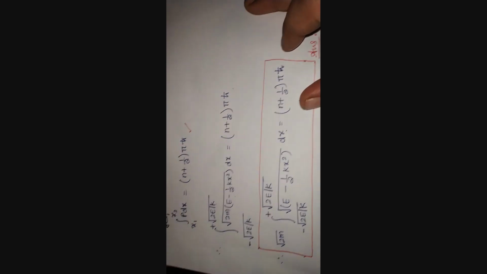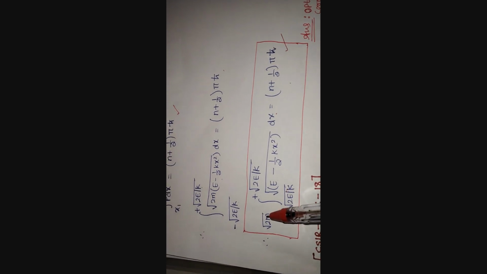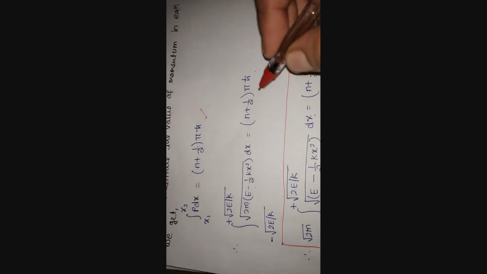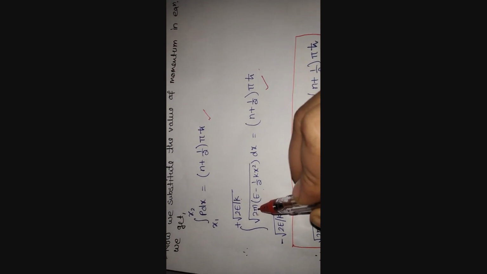Here is one thing I forgot to mention. As we have got this answer, look at this step, where inside we have root over 2m. In the question we have already been given the value of m, which is half.